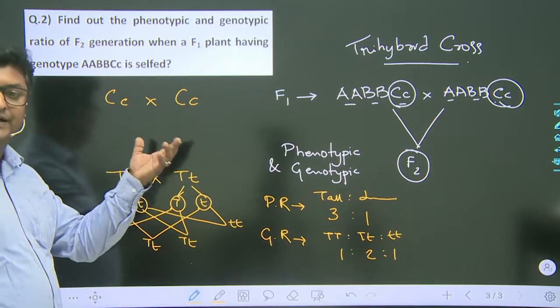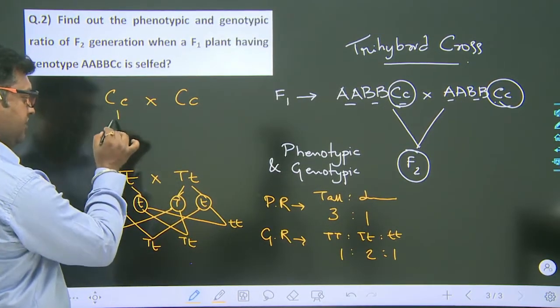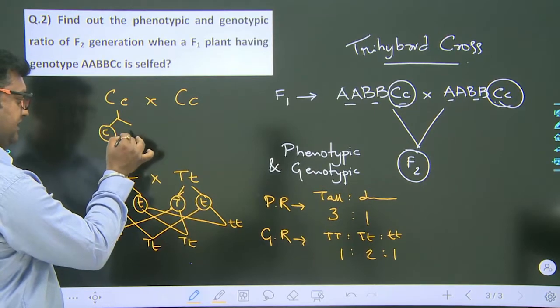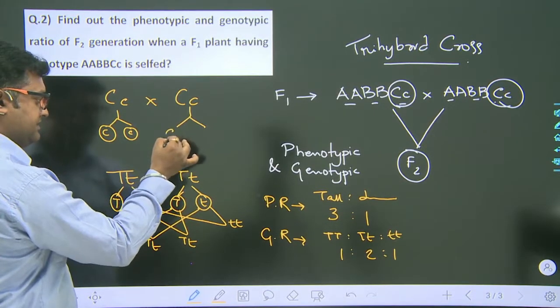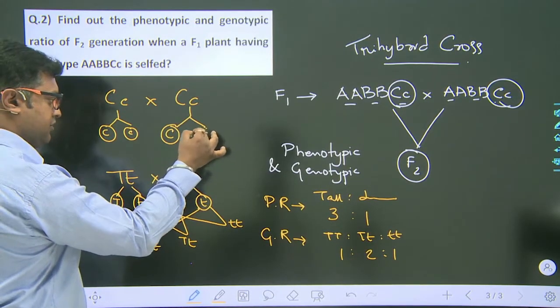So here also we will get such a type of crossing where there will be 2 gametes, capital C and small c. Here also we will get 2 types of gametes, capital C and small c.